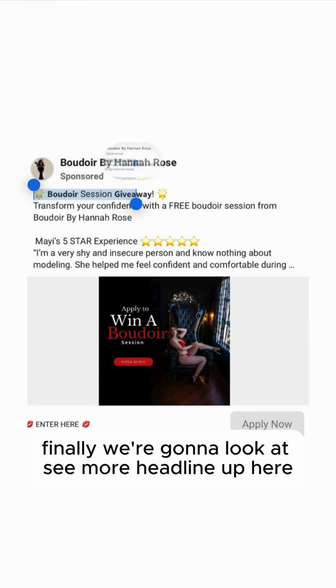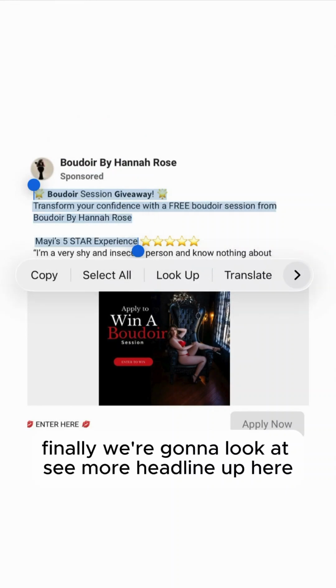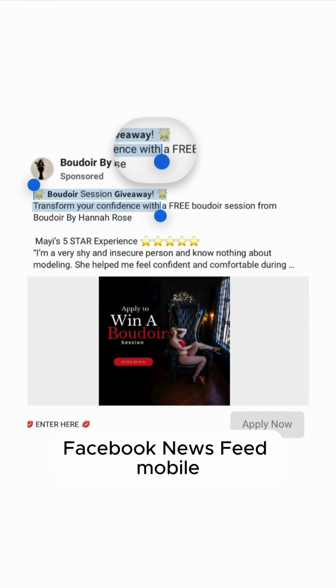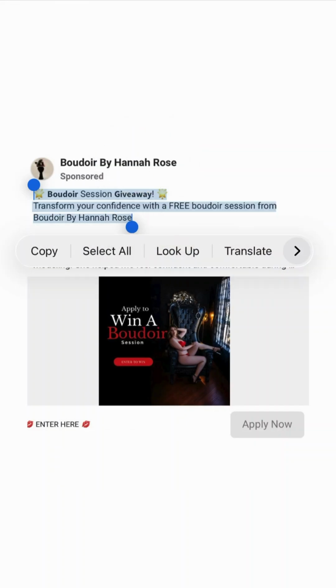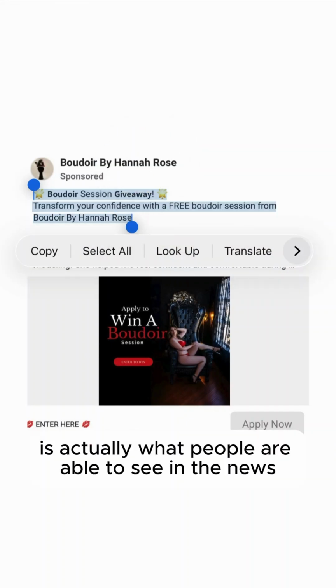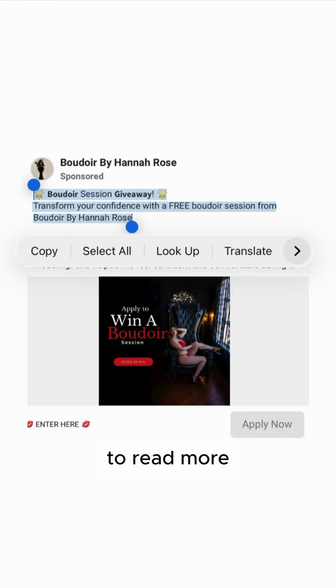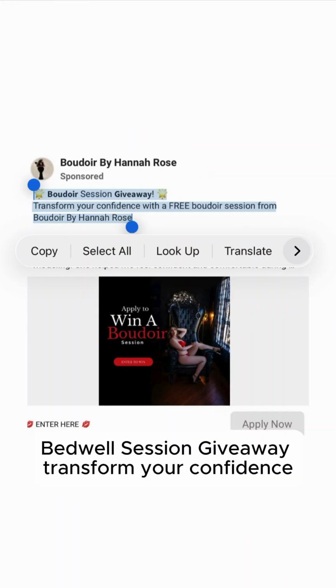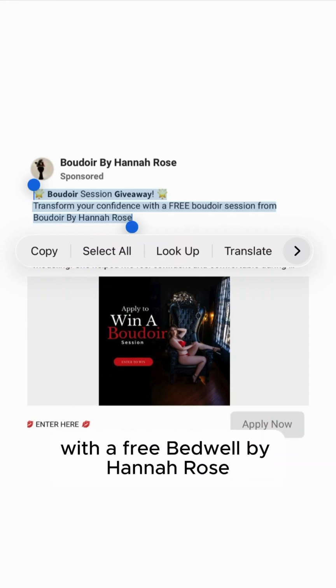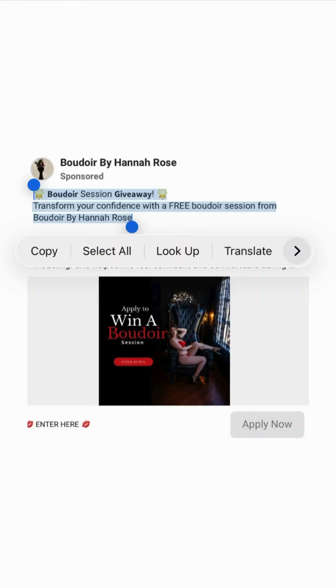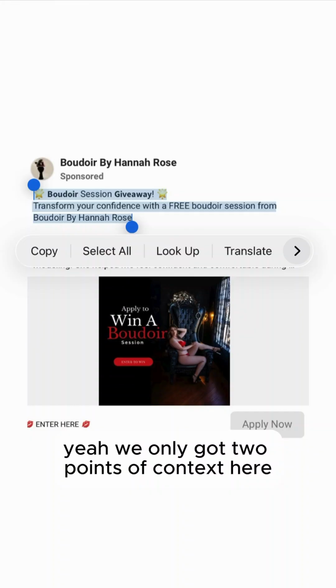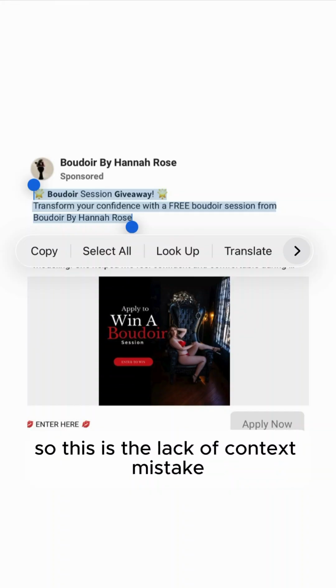Finally, we're going to look at the see more headline up here. First 2 3/4 lines, Facebook newsfeed mobile. This is actually what people are able to see in the newsfeed before they click in to read more. Boudoir session giveaway, transform your confidence with a free Boudoir by Hannah Rose. Okay, so yeah, we only got 2 points of context here, so this is the lack of context mistake.